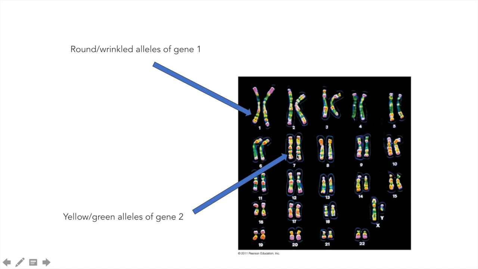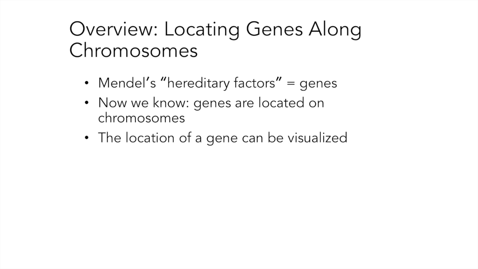And that's how he was able to fairly easily separate those two characters and see independent assortment. But chromosomes may carry lots and lots of genes. Each one has to carry lots and lots of genes because there's only a limited number of chromosomes or places that you can put those thousands of genes that are required to make an organism.